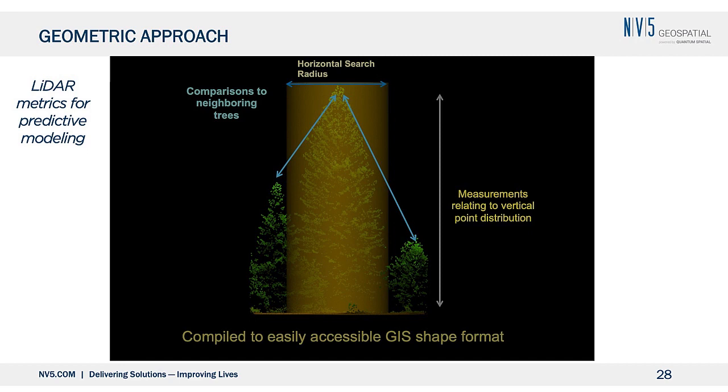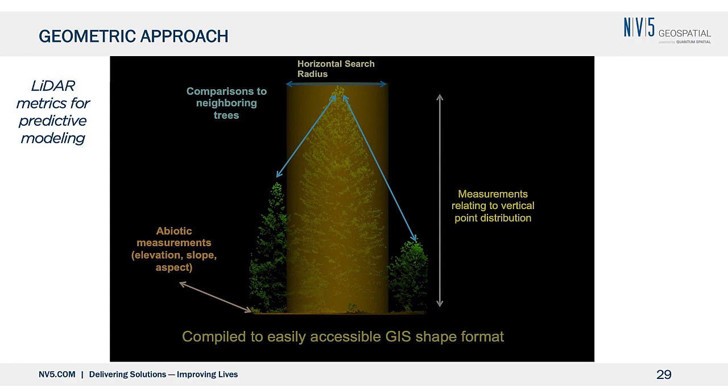The problem comes in broadleafs that often have very different shapes. From this, we can identify individual trees. We can see whether they're dominant. We can characterize the environment they're in, what sort of slope they're on, what elevation, what aspect. And we can compile this information into an easily accessible GIS format.